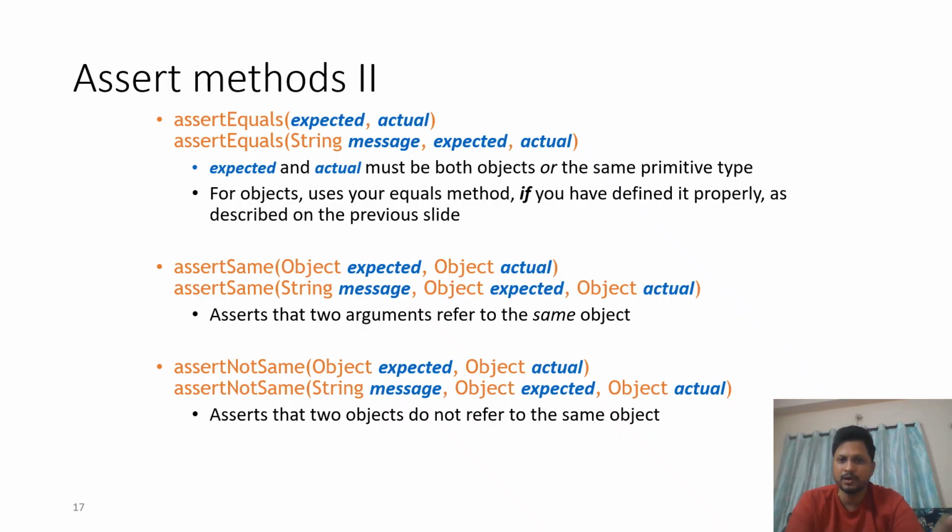types. For example, if you are using the equals method, if we have defined a property as described in the previous slide, we use it in a similar way here.